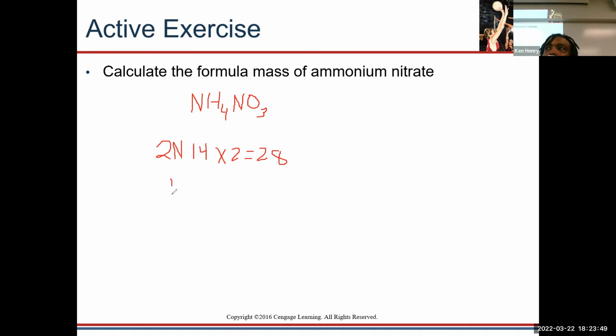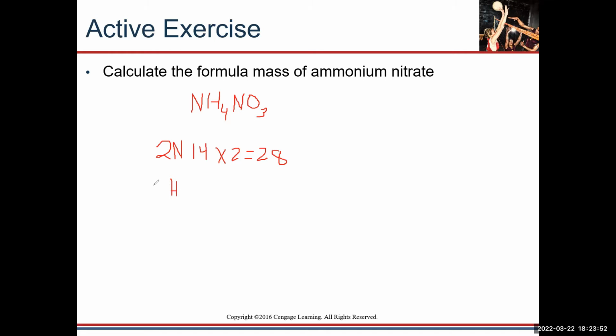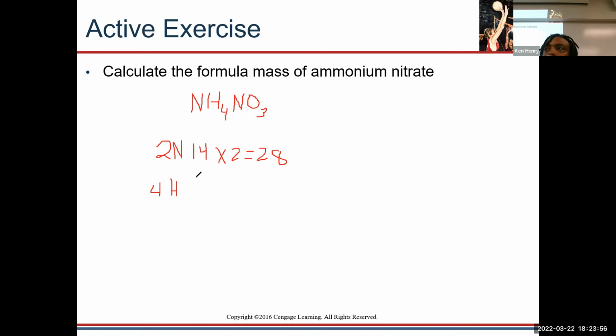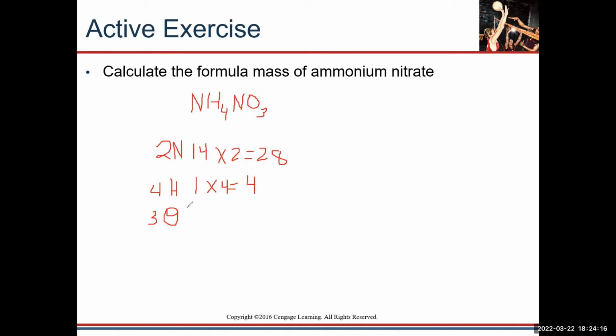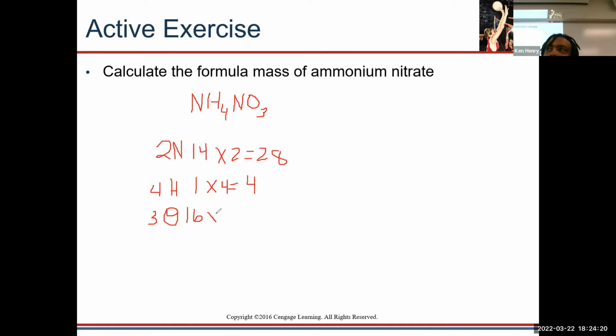How many hydrogens do I have? 4. And hydrogen weighs 1 times 4. How many oxygens? 3. Oxygen weighs 16 times 3.